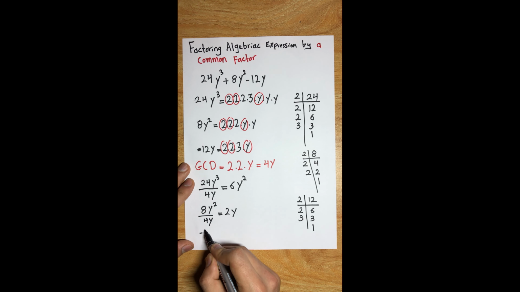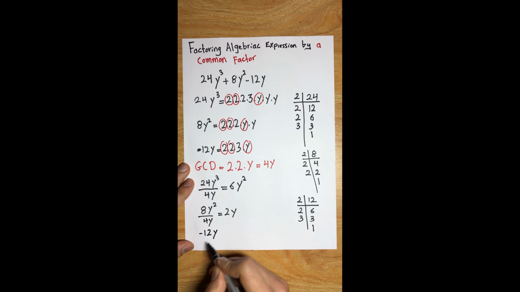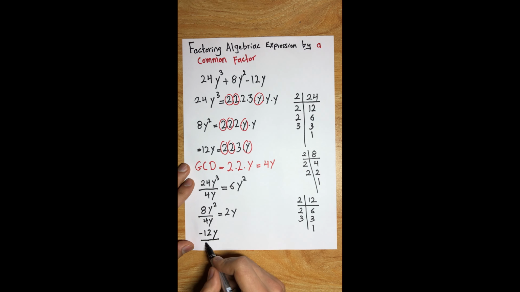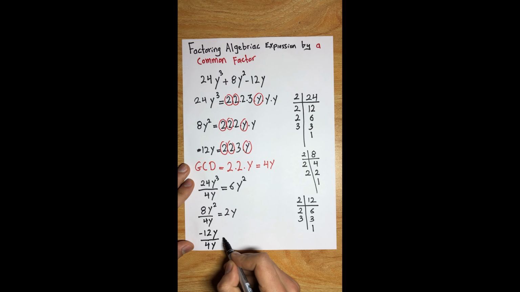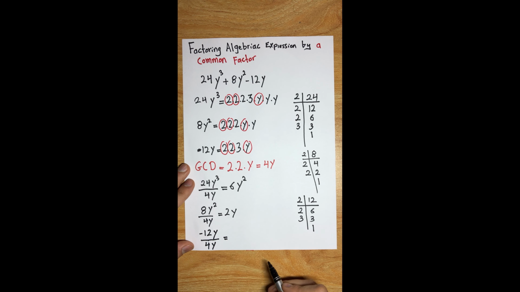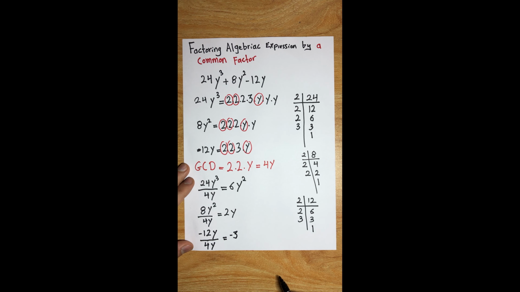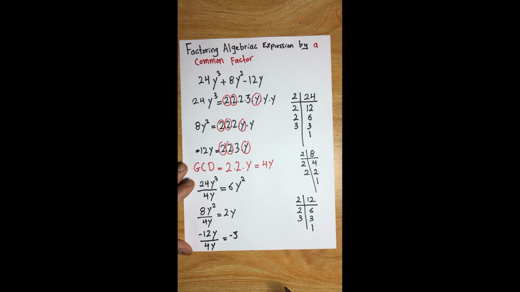Now the negative is important, don't forget to write it. Negative 12 divided by 4 is equal to negative 3, and y divided by y is 1, so we will be left with negative 3 only.